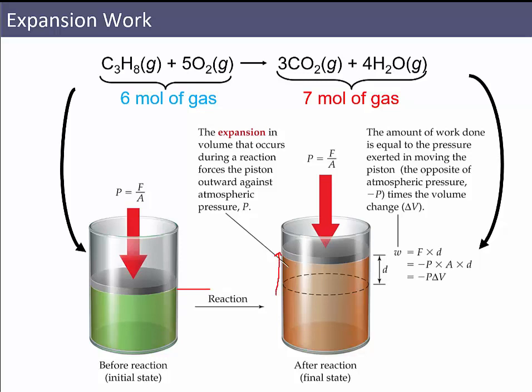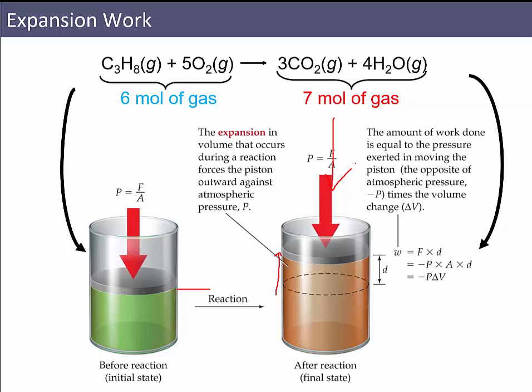As it's expanding, you still have atmospheric pressure pushing down on this piston. We've got a pressure, force per unit area, so there's a downward force being applied. You have now displaced something through a force. That is the definition of work.